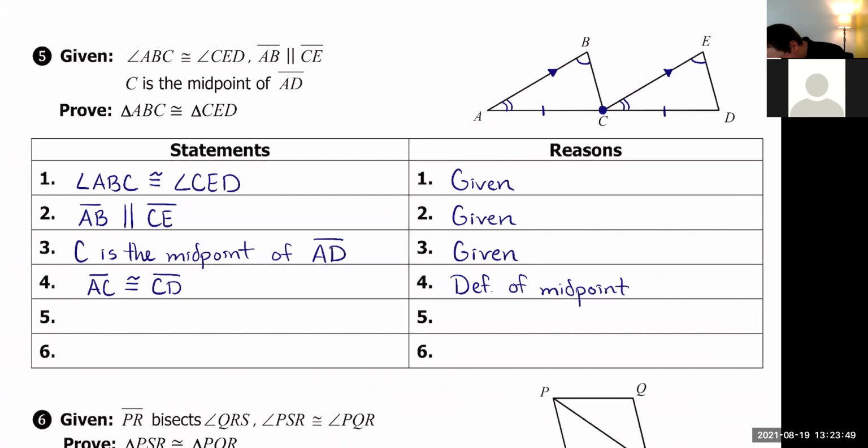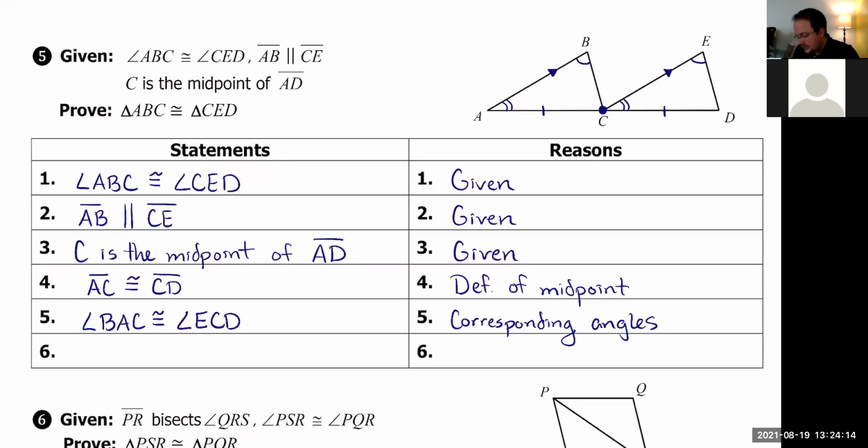So we can say that angle BAC is congruent to angle ECD because they are corresponding angles. Now, because I've kind of labeled as we went, do we have two congruent pairs of angles? Yep.